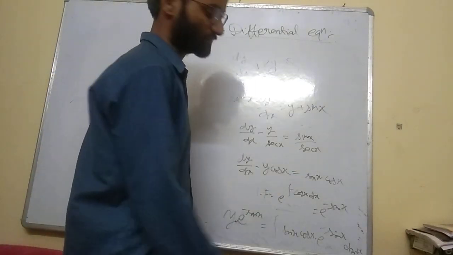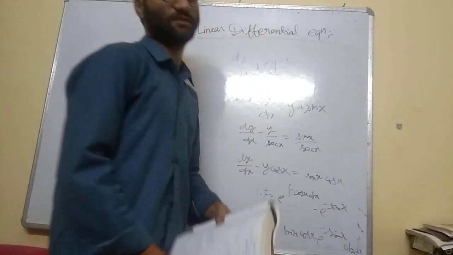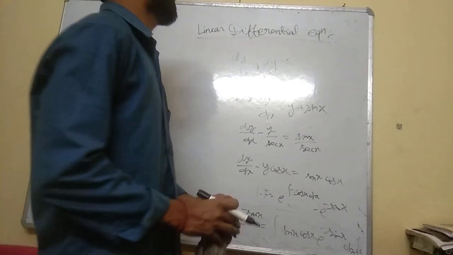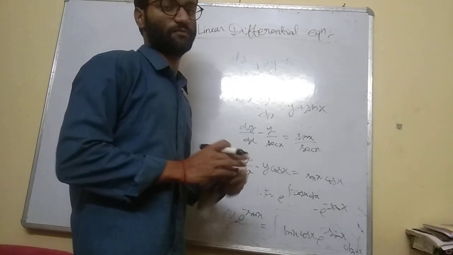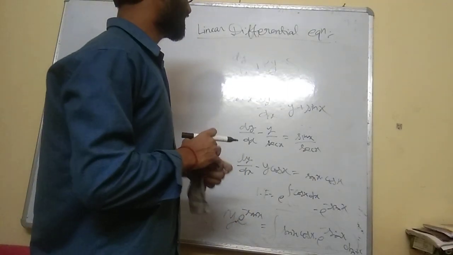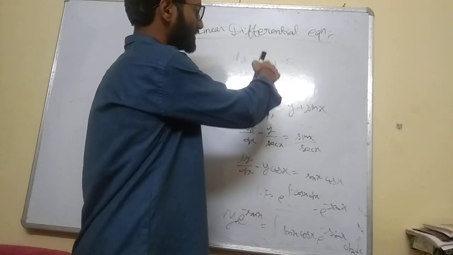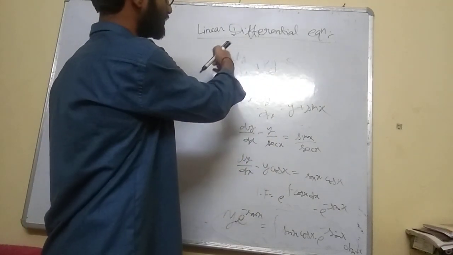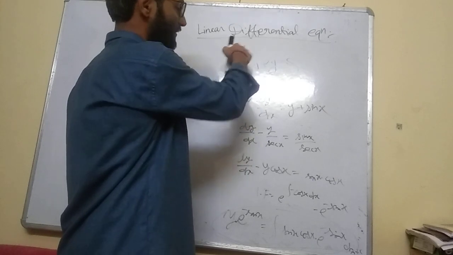So these were some numericals, and I'm hopeful that these numericals will help you to understand the concept of the linear differential equation. Mainly they ask many questions regarding this topic, so we have to be very careful while solving these questions. Sometimes something else is given in place of P, and we have to consider it as t and proceed.